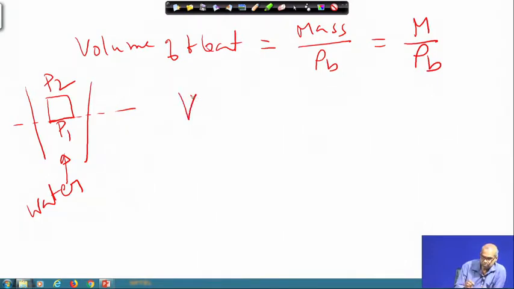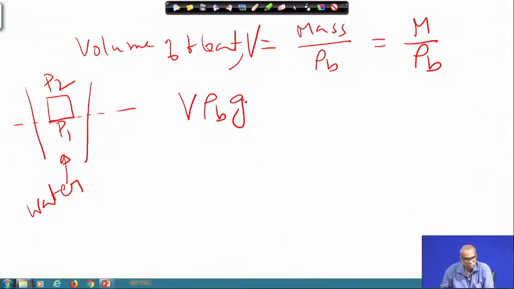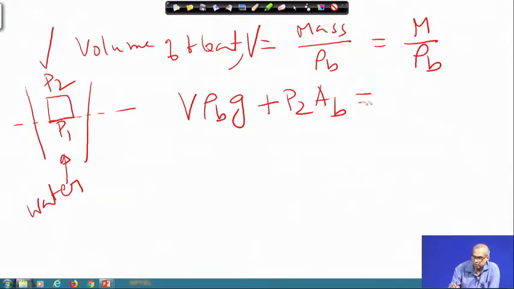V, which is the volume of the float, rho b into g, this is the weight of the float acting downward, plus P2 into AB, force acting downward, is equal to the buoyancy force acting upward.